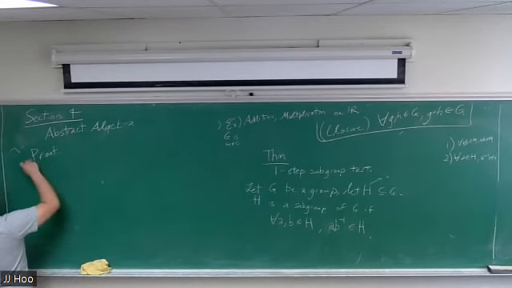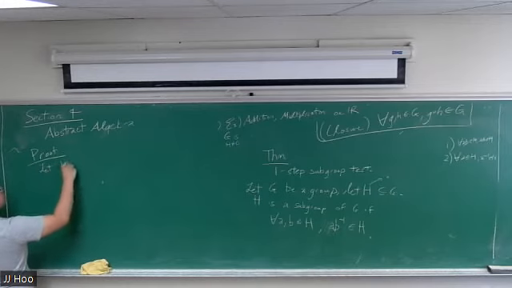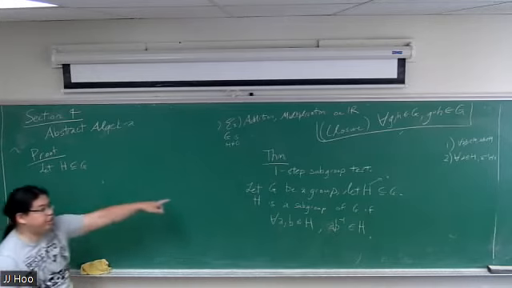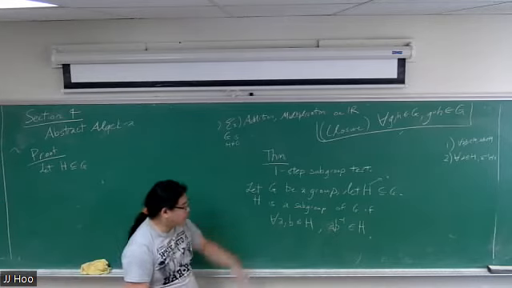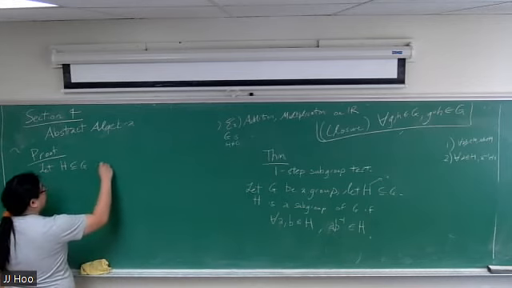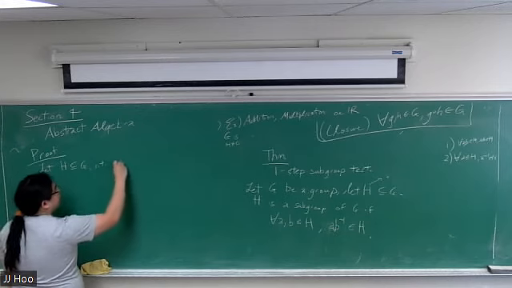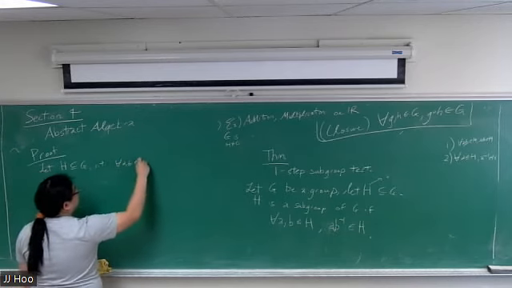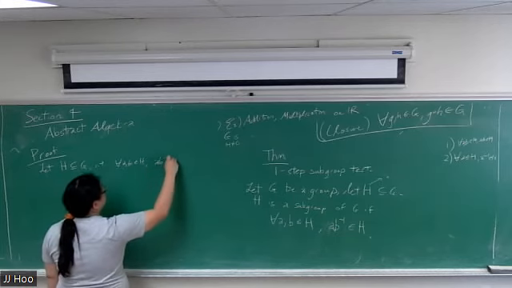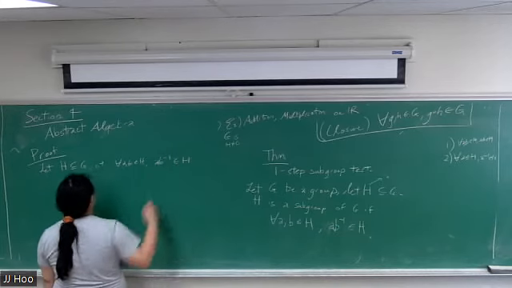So in my proof, I'll first say that, given that G is a group, let H be a subset of the set G, where G is the set representing the group. And let's say such that for every A, B in H, AB inverse is in H.